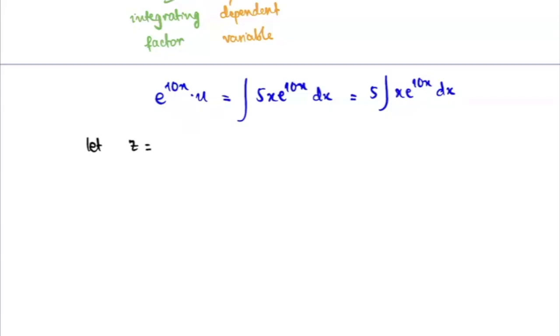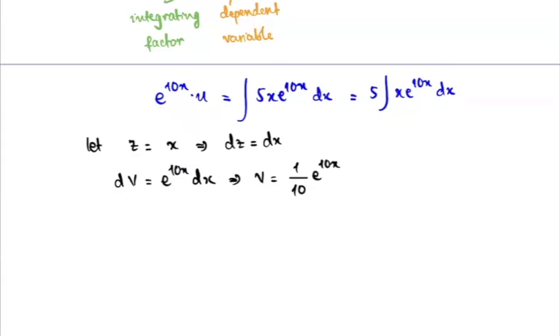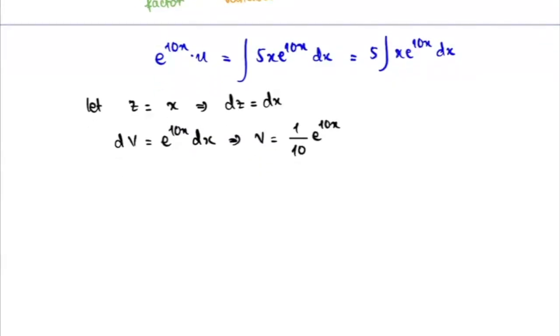Let z equal x, therefore dz equals dx. And dv is equal to e to the 10x dx, or v is equal to 1 over 10 times e to the 10x. So instead of u, I use z just to avoid confusion.